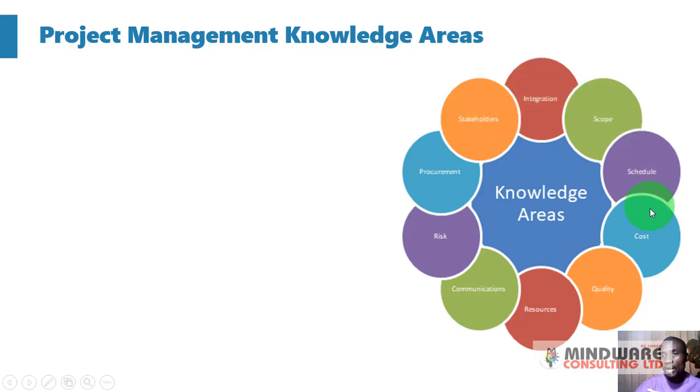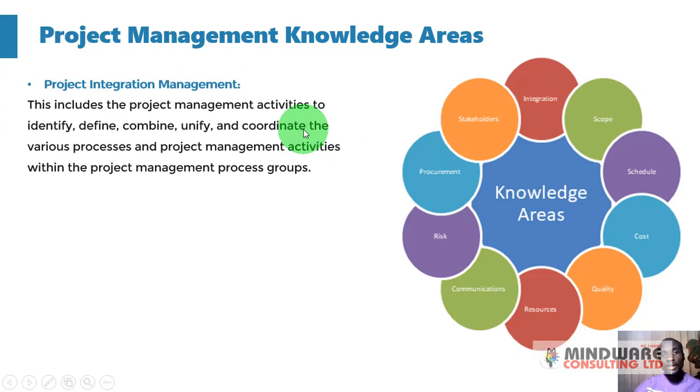That's 10 knowledge areas in project management. As a project manager, you are coordinating all these knowledge areas together, working in sync with the process groups to ensure that you get what is required at the end of the day.